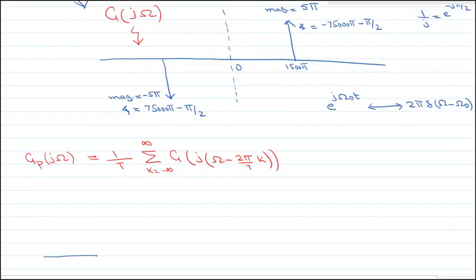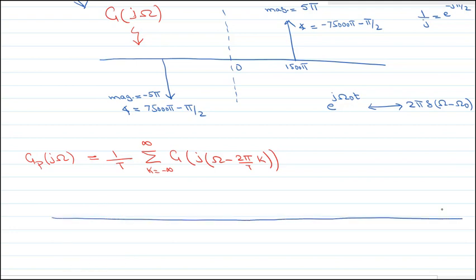So this is our frequency line, omega. Of course, the first copy we are going to get is exactly going to be the same thing. So I will have one impulse at 1500 pi and another impulse at minus 1500 pi, which I didn't write clearly earlier.